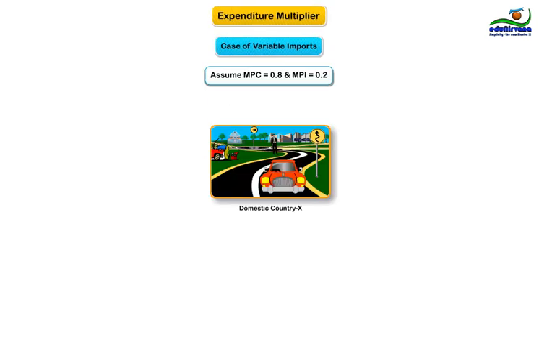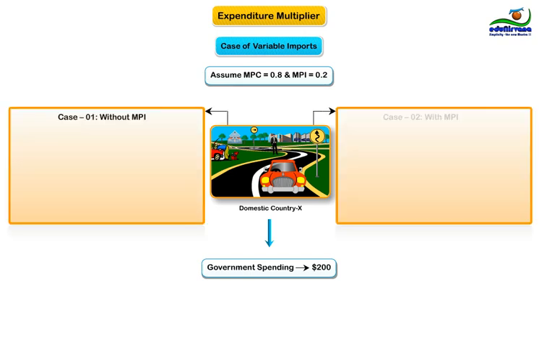Let's see through one example. Assume that the marginal propensity to consume, that is MPC, is 0.8 and marginal propensity to import is 0.2. What will be the impact of an increase in government spending by $200 with and without considering marginal propensity to import?